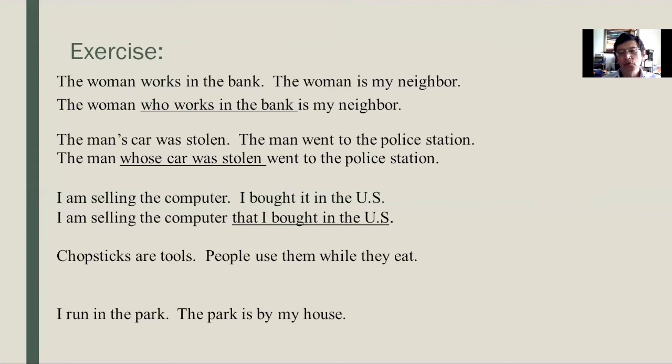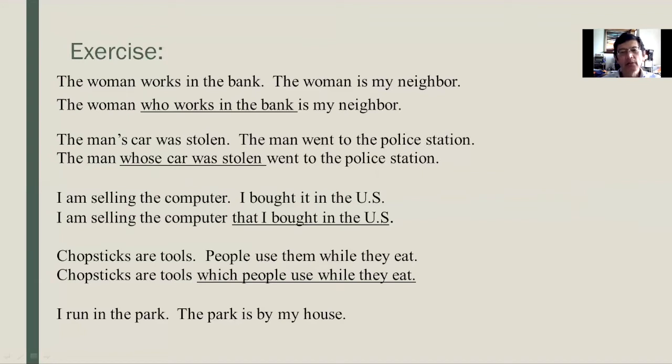Chopsticks are tools which people use while they eat. Remember earlier I said that you can switch that and which in many times. So this sentence here, I am selling the computer which I bought in the US, means the same thing as what I show here. Same with this sentence. Chopsticks are tools that people use while they eat. It's really the same thing.